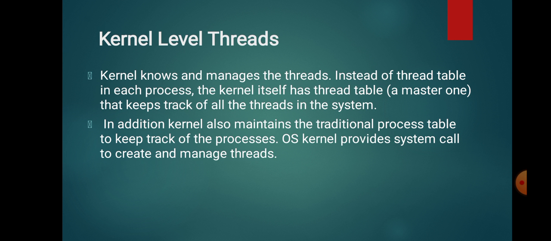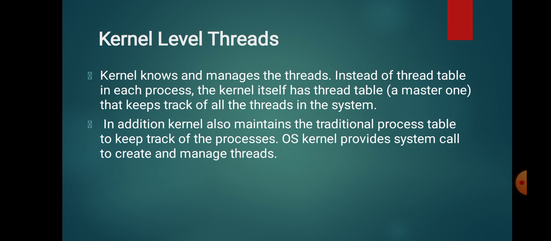In user level we have a thread table in each process, but not in kernel level threads. Instead, the kernel itself has its own thread table, a master thread table, that keeps track of all the threads in the system, and it also maintains the PCB, the process control block, for processes.